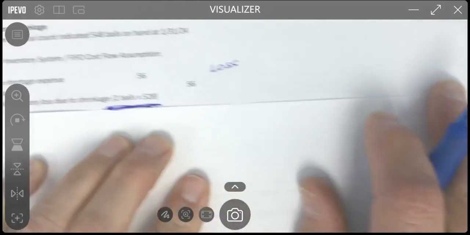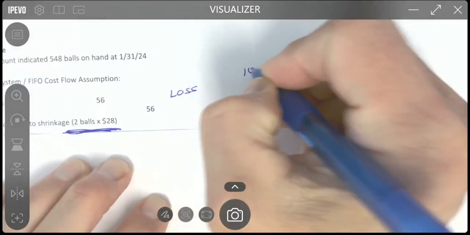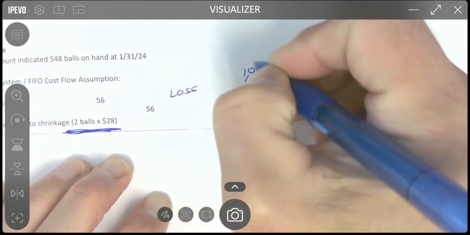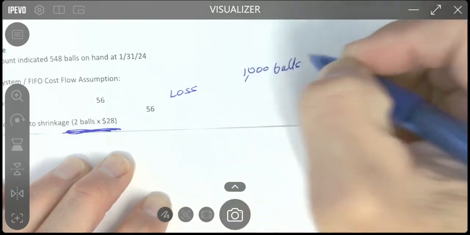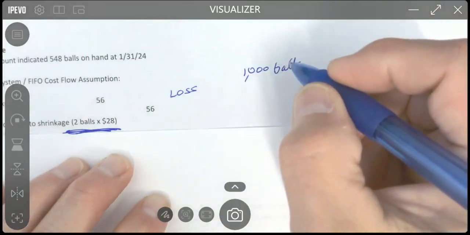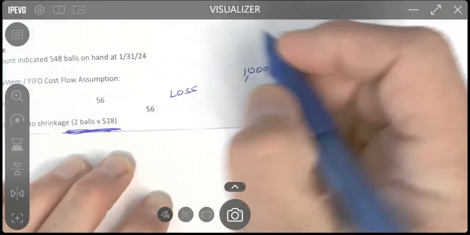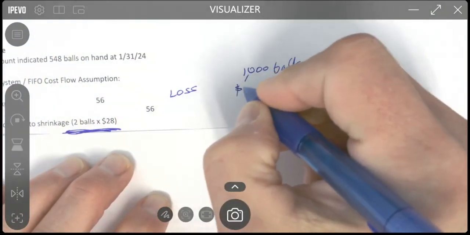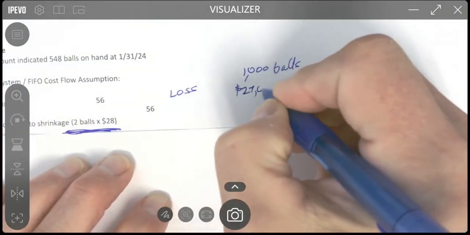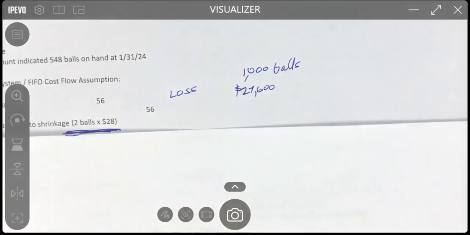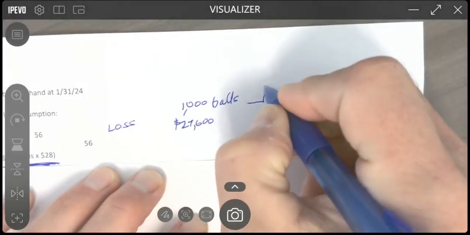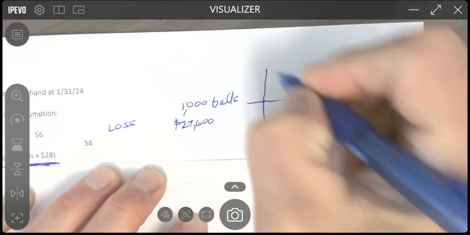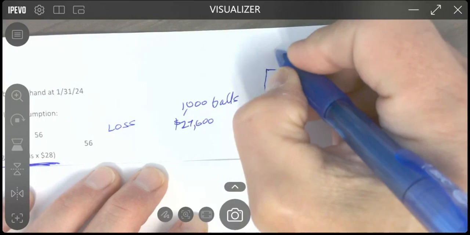So essentially what happened here was we had 1,000 available for sale. The cost on those, if you'll recall, was $27,600 total. Now, there were 3 places they could have gone.